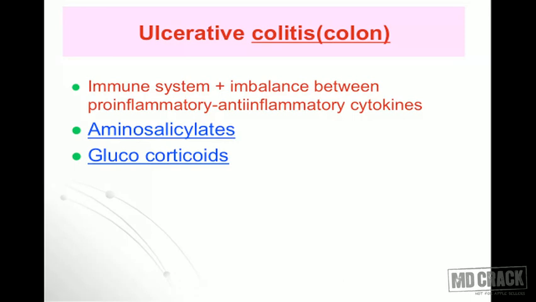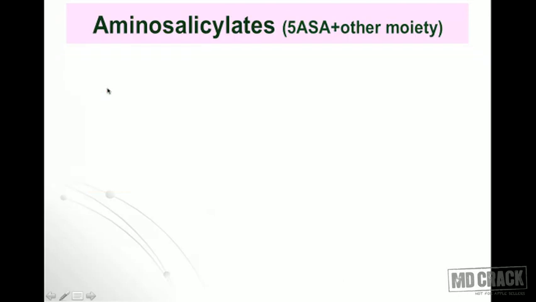The second group of agents useful are called glucocorticoids. And the third one are immune modulators. I hope you can look at these drugs and realize salicylates are going to be anti-inflammatory agents. Glucocorticoids are going to affect the inflammatory process as well as it has got the immune modulating effect, and the immune modulators themselves because there is affection of the immune system.